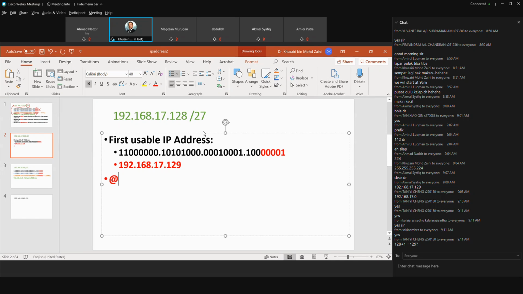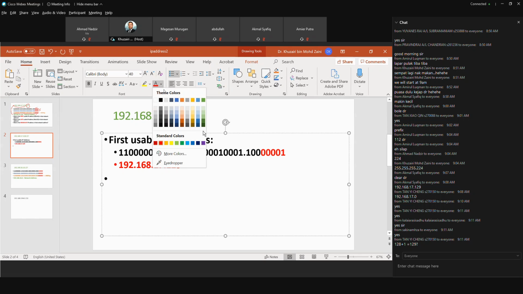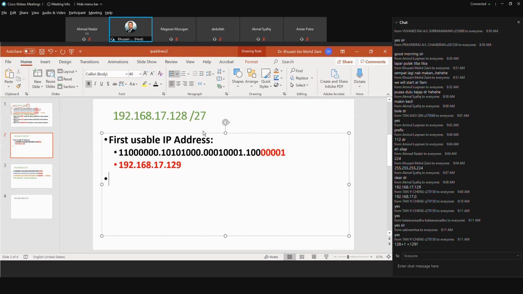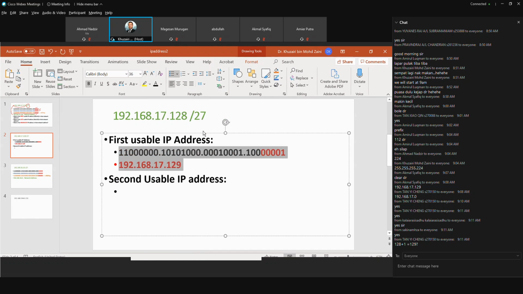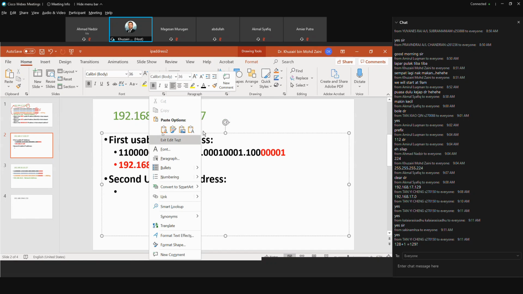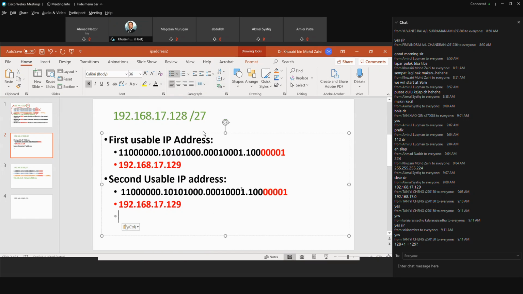So, the second usable IP address. How much? So it will become, what?